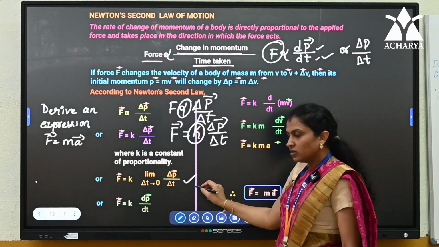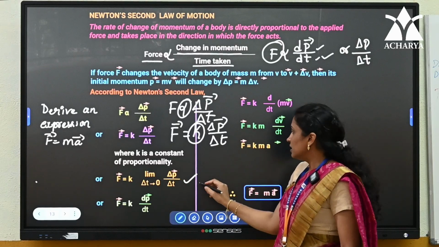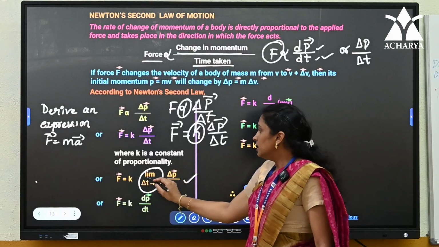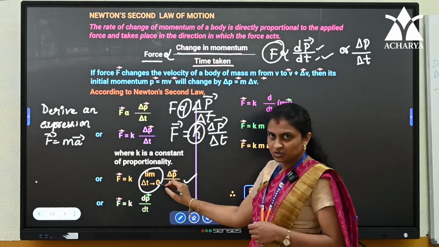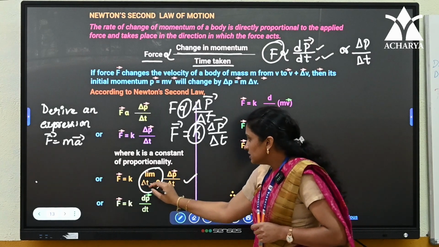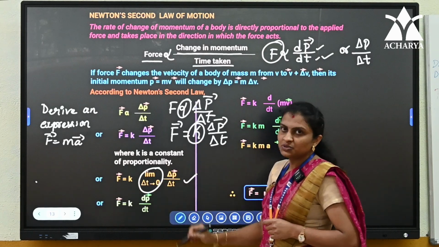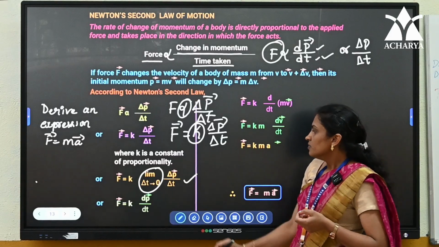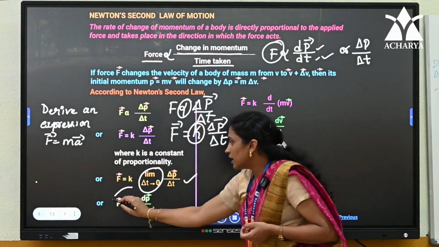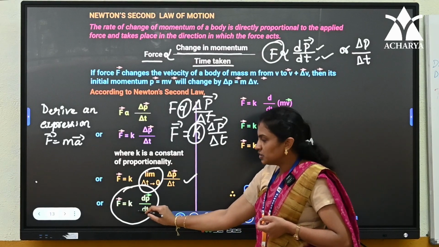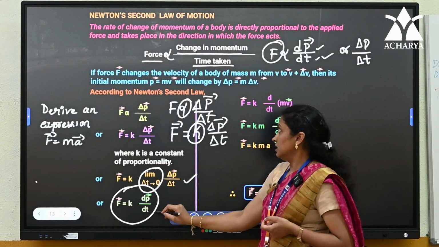Then we can also write this expression in the form of a limit. That refers to the limit as delta T tends to 0 of delta P vector by delta T. This limit represents the instantaneous rate, or we can also write F vector is equal to K into dP vector by dt.